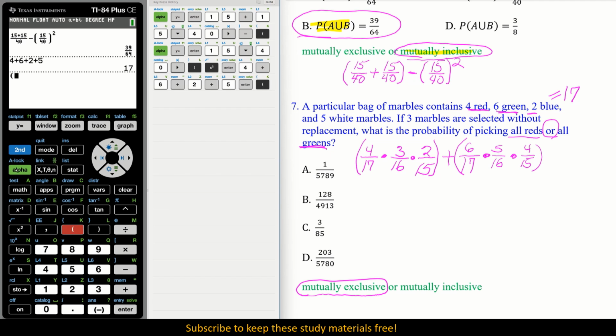So open the parentheses, alpha y equals, 4 over the 17. Arrow over, and we're multiplying. Then alpha y equals again, 3 over 16, arrow over.